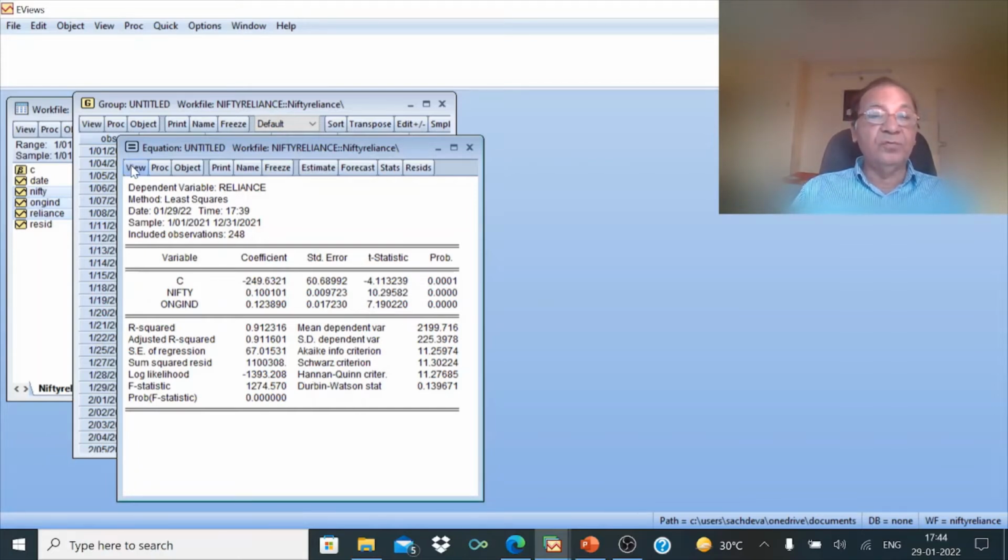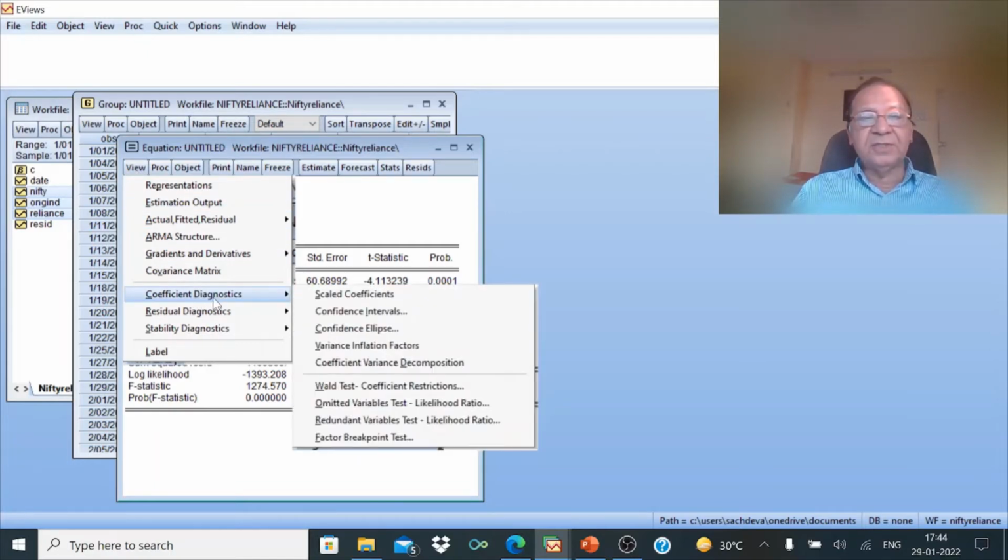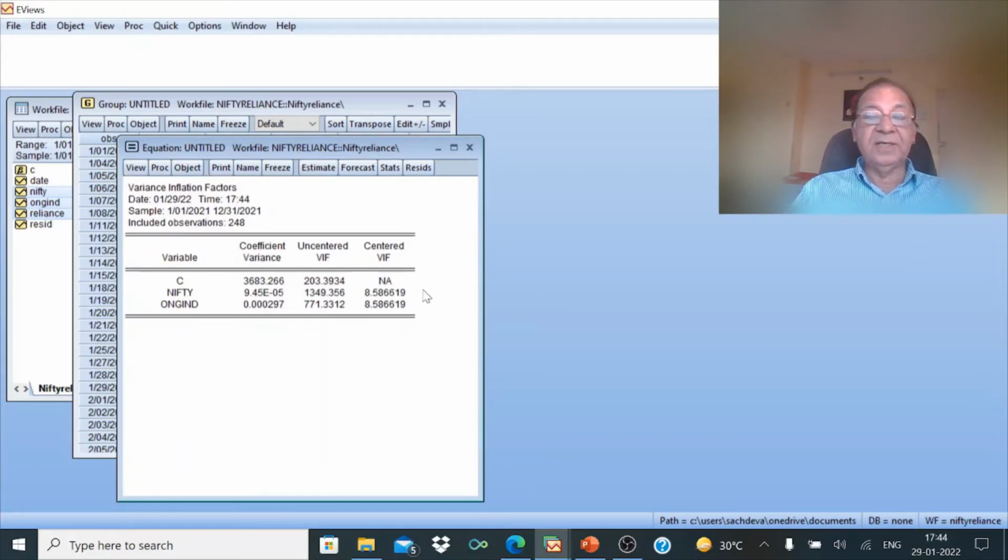We can go to view, go to coefficient diagnostics and see the variance inflation factor. This will tell us whether there is a high correlation or no correlation in the independent variables. So let us see this. Now, we will see centered VIF. It is 8.58.